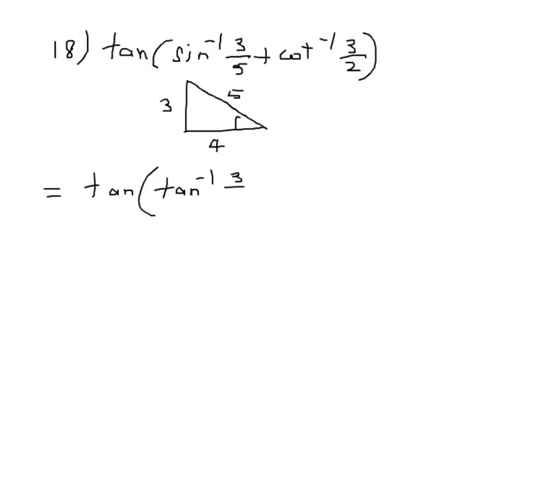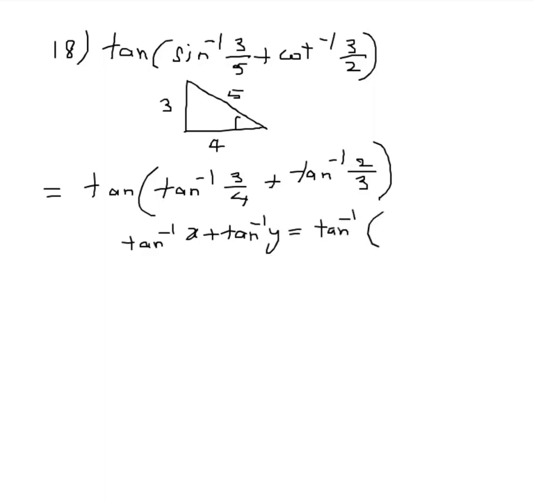Tan inverse opposite by adjacent. Cot can be changed to tan inverse. We know that cot inverse of x is tan inverse of 1 by x when x is positive. So it becomes tan inverse of 2 by 3. Or you can use triangle method, you will get the same thing. Let us use tan inverse of x plus tan inverse of y formula.